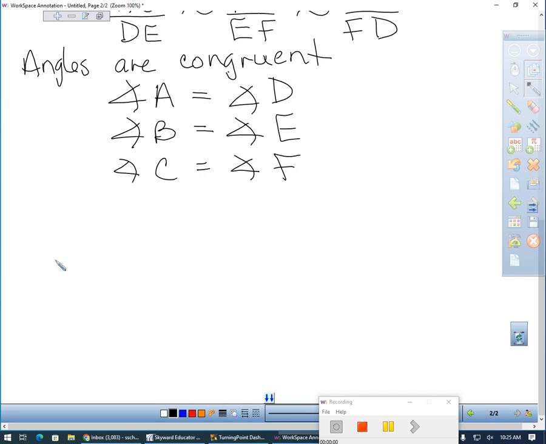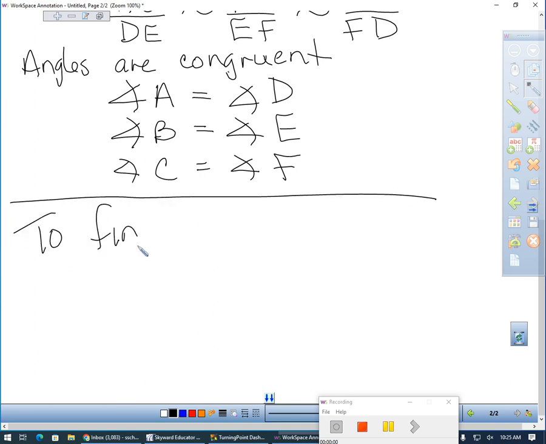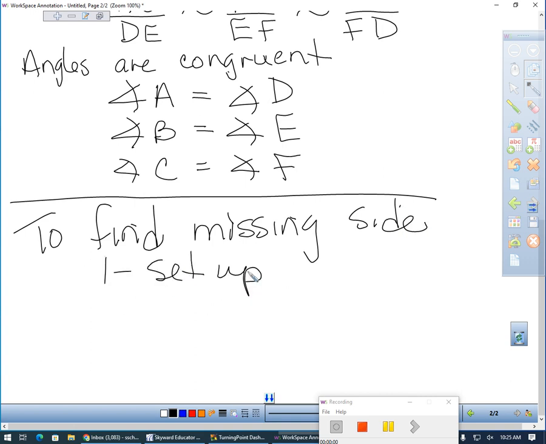So, to find a missing side, one, we're going to set up two ratios, and then we are going to cross multiply.